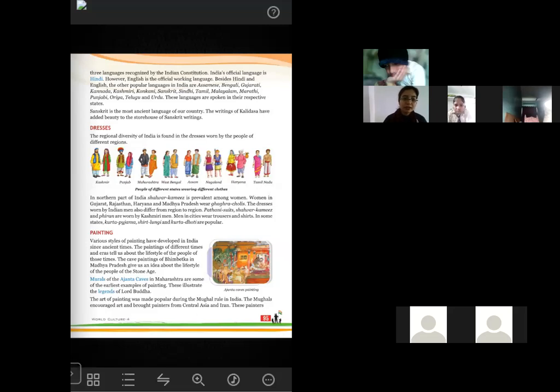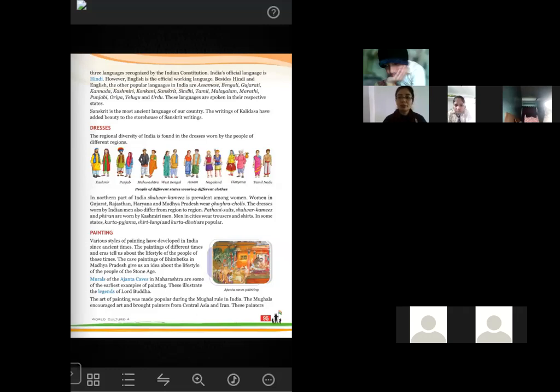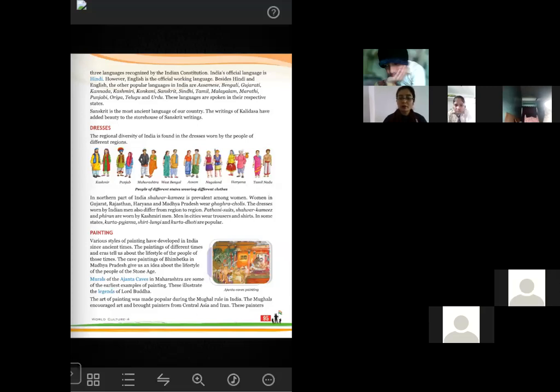The paintings of different times and eras, that also means the time, tell us about the lifestyle of people of those times. That means what the people used to draw, what they used to paint. They used to paint how they would live, what were the types of dresses, what were the types of festivals.